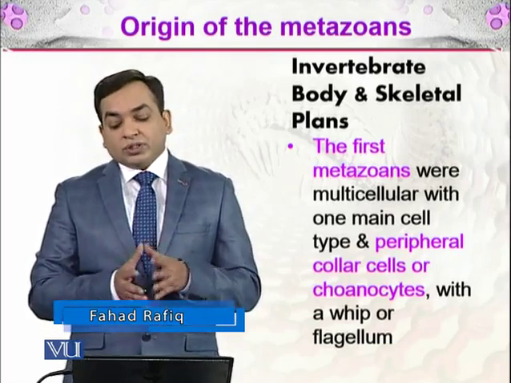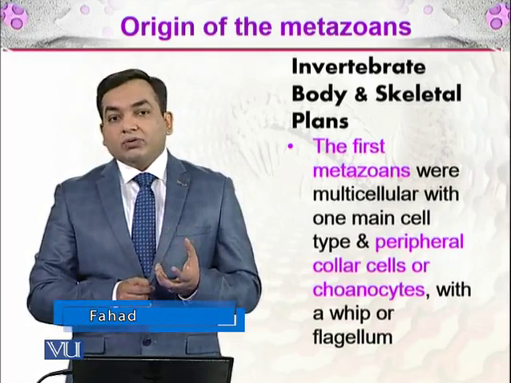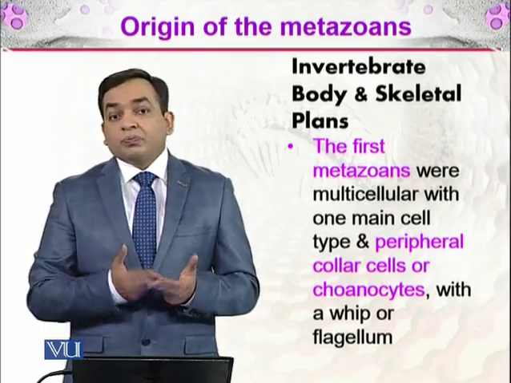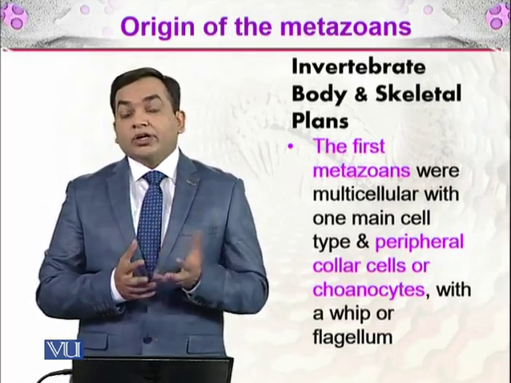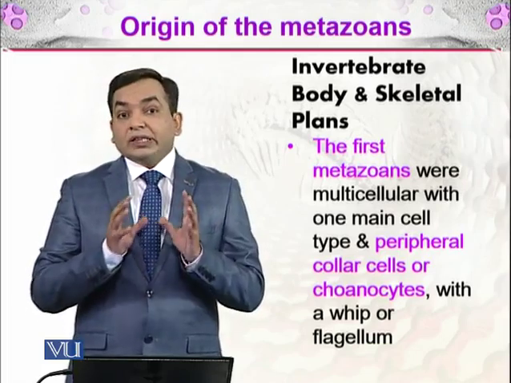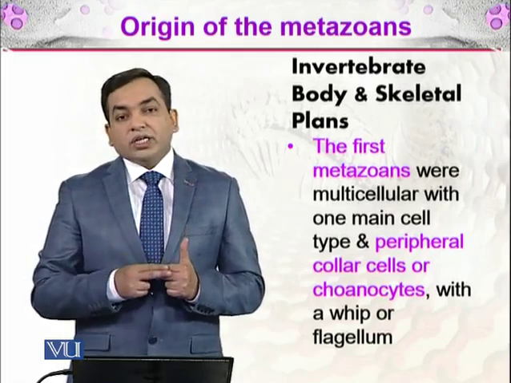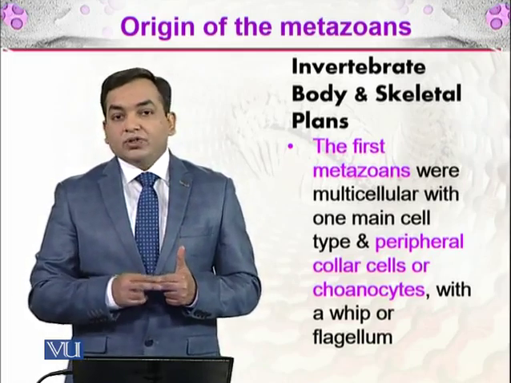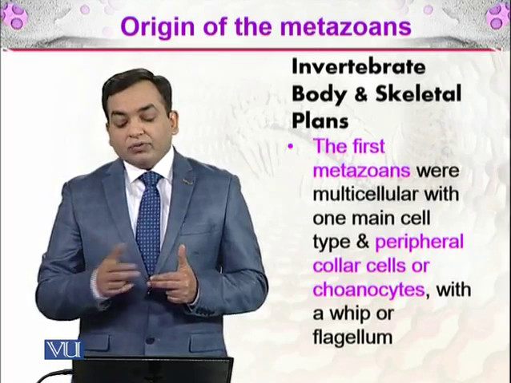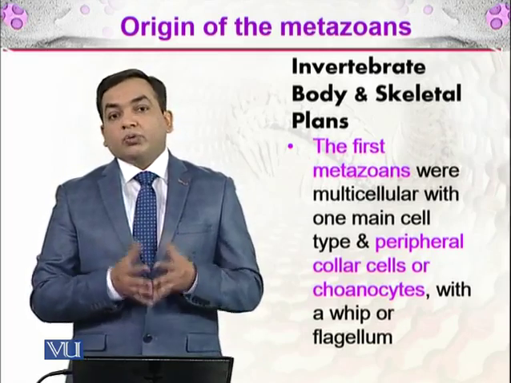So the first metazoans, which were multicellular, had two types of cells only. They did not have much variety of differentiated cells, and this variety was limited to two cell types. One was the original body cell type, which was doing the main functions. The other was the peripheral collar cells or choanocytes.